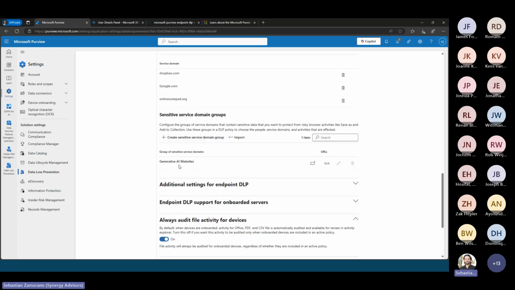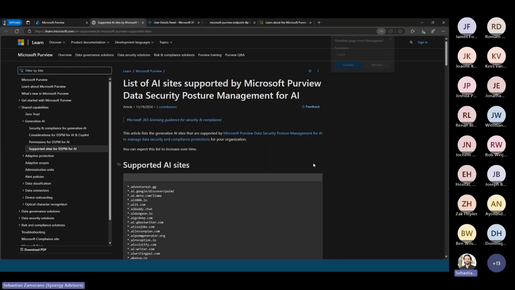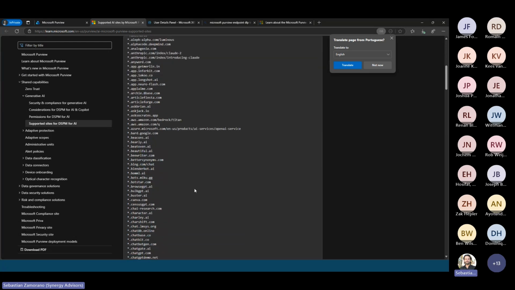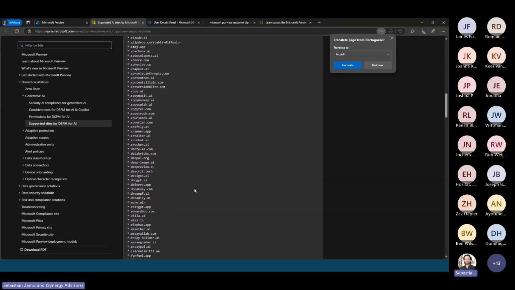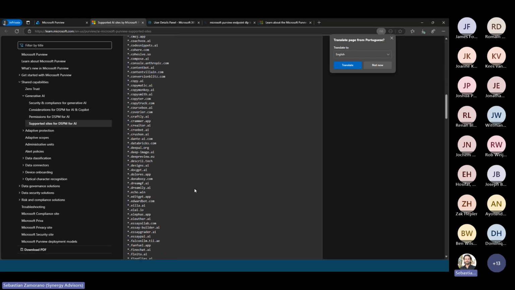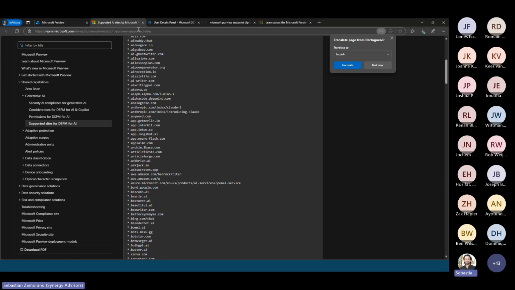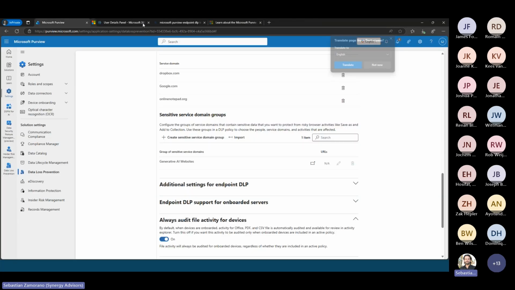This was added a short time ago, but here we have a list that Microsoft is generating of the different technologies, the different AIs that Microsoft is aware can use the data. Nevertheless, if you know that others exist, you can create another sensitive service domain group for this action.